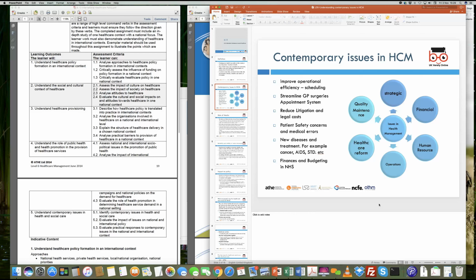So when we look at cost cutting and budgeting as an issue, it is more of a strategic issue because it is long term and it affects everybody in the long term, in terms of the NHS not being able to fund its services to provide these things to the public in general. Okay.